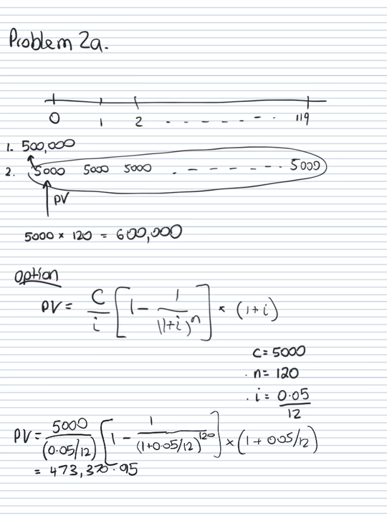So would you take 473,370.95 or the 500,000? We can compare these now because we've calculated the second option as a present value, which gives us the value of that alternative at time 0.